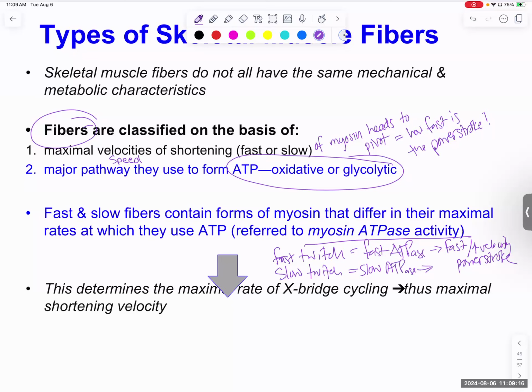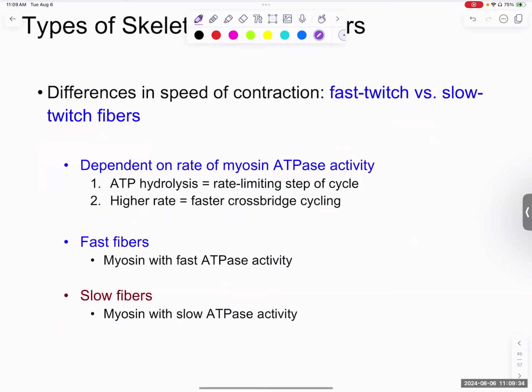And so it's going to be slower to contract, and I should say both of them relax as well. And so that determines the rate of the cross bridge cycle. And so that determines the speed of the muscle fiber shortening, that ATPase activity. So rate of myosin ATPase activity, ATP: how fast can you create ATP and use that ATP? So fast has fast ATPase activity, slow has slow.